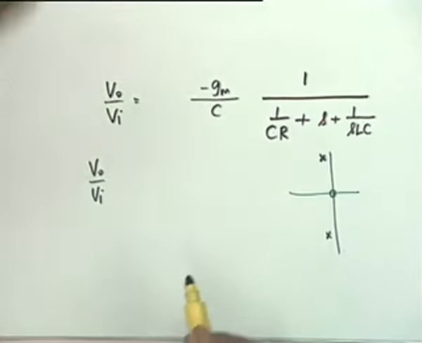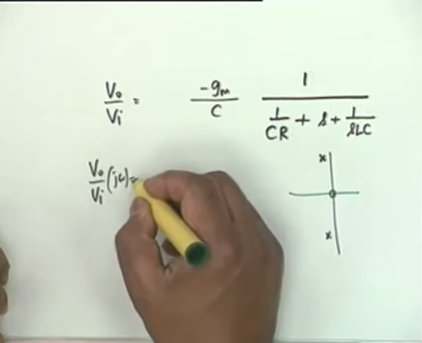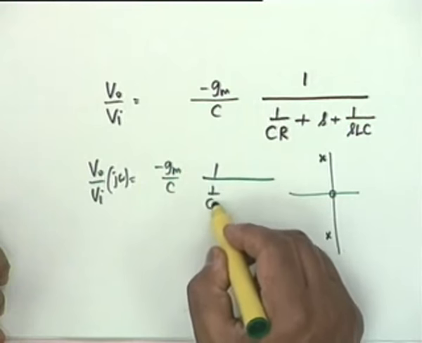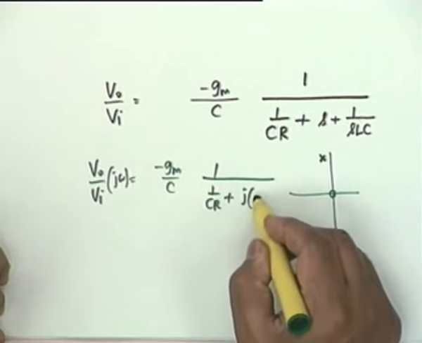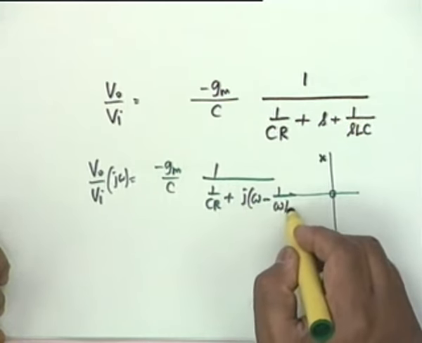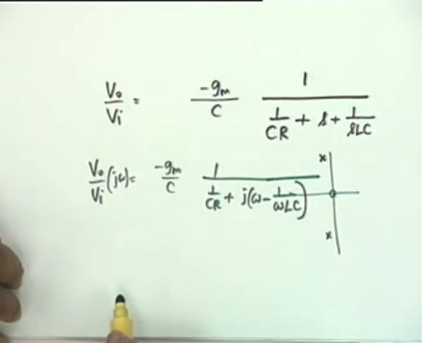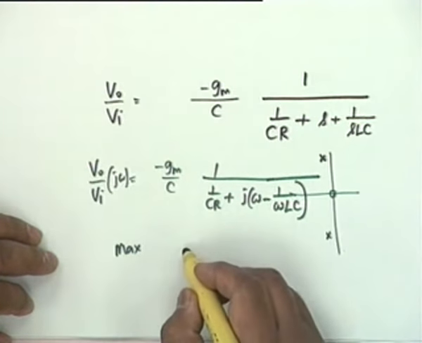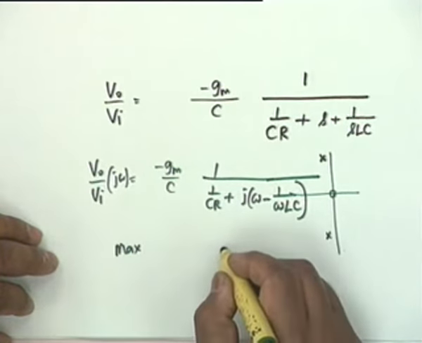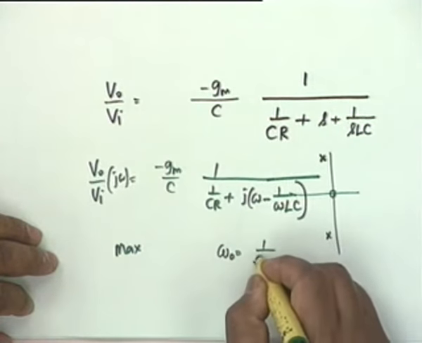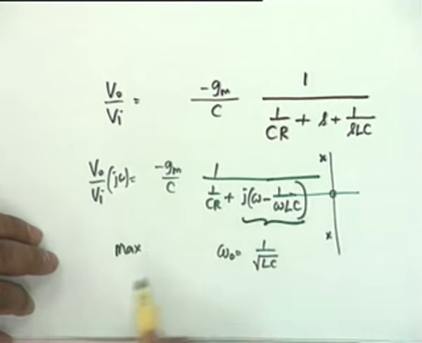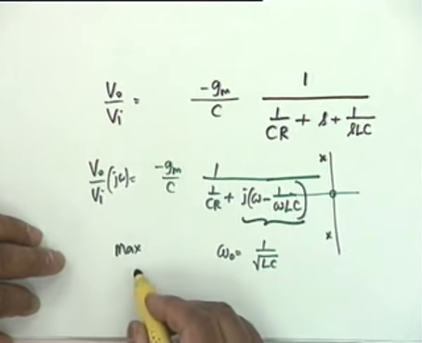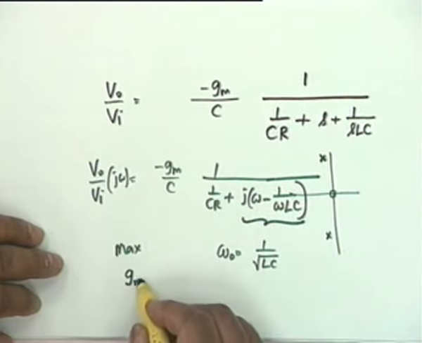Okay. Now, V0 by Vi, when you put s equal to j omega, is minus Gm by C times 1 over CR plus j omega minus 1 by omega LC, which makes it clear that the maximum magnitude is reached at the frequency omega 0 equal to 1 by square root LC, that is when this is 0, and the maximum value is GmR.